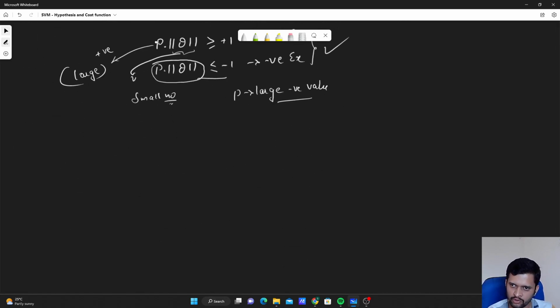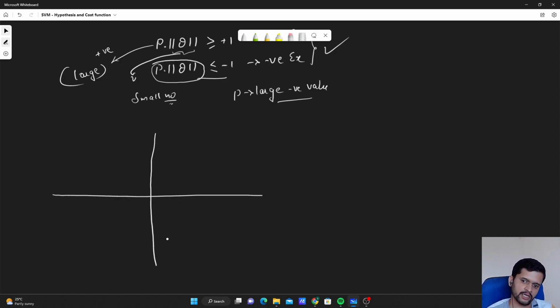If you want to visualize this, let me draw some data points and explain how the projections work. Let's say I have some data points here. Forget about positive and negative placements, just understand the projection values. If I come up with this particular decision boundary, the projection of this point on top of this, the decision boundary, and theta will be perpendicular to this.